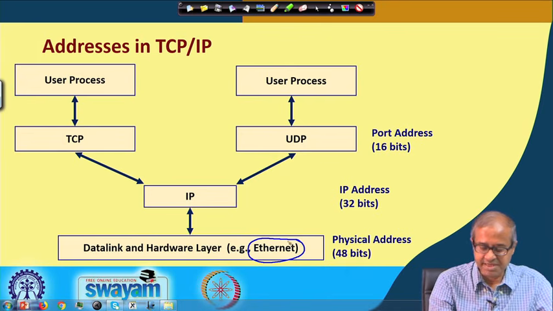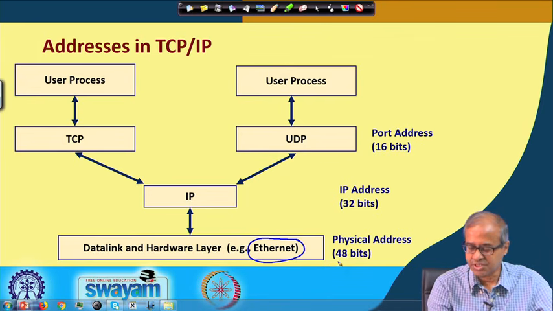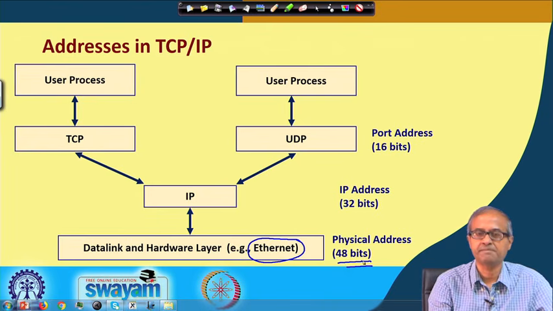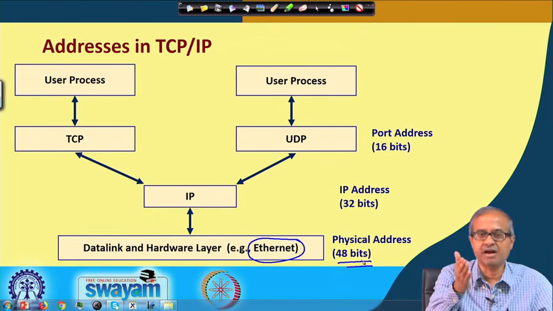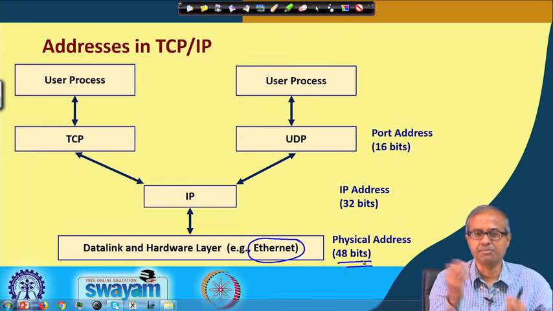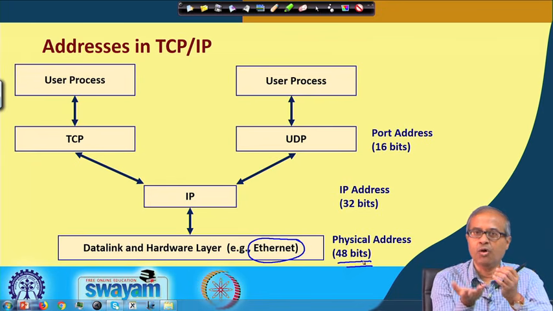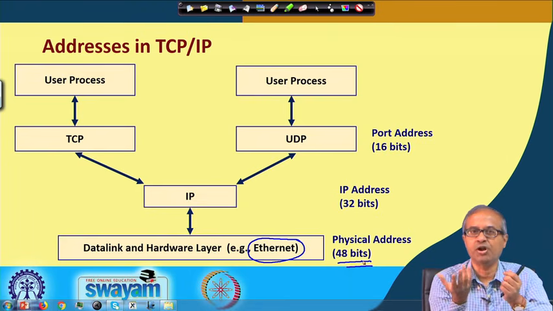Now, in this Ethernet, there is a concept of Ethernet address, which is a 48-bit address. The Ethernet cards which you plug in your computer or your laptop, they all have an Ethernet interface and they have a 48-bit so called MAC address or Ethernet address. That is unique.